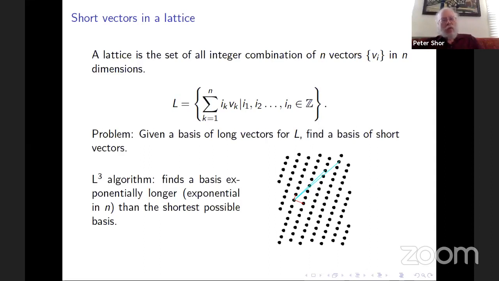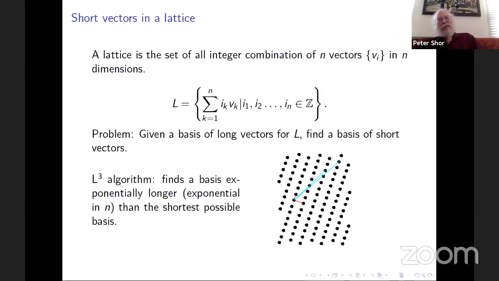And the difficult problem that I will be basing the money on is, given a basis of long vectors for a lattice, find a basis of short vectors. So these blue vectors are supposed to be a basis of long vectors for a lattice, and these two little red vectors are supposed to be short vectors. And the difficulty is going from the blue vectors to the red vectors.